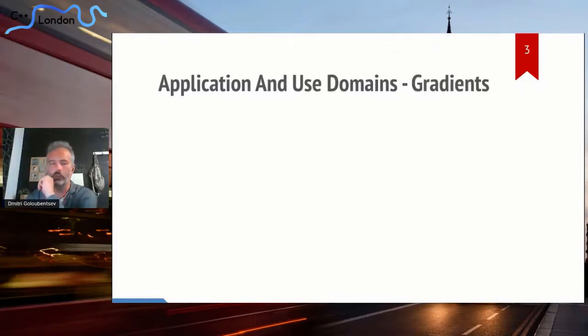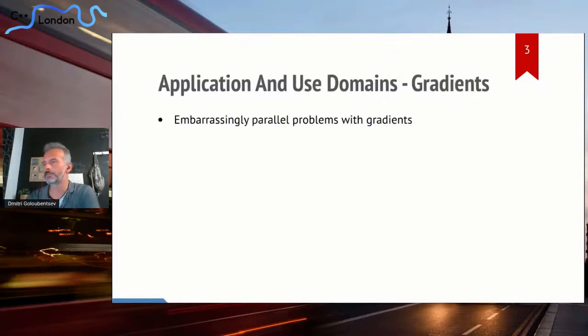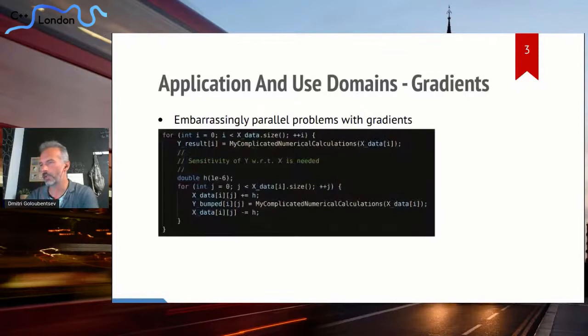The second application we have in mind is embarrassingly parallel problems, but where you need to compute gradients. What I mean by this is something like this. You have a loop over X. Again, you apply your analytics functions, you get the values for Y. But now you want to see the sensitivity of each element of Y with respect to each element of X, right?